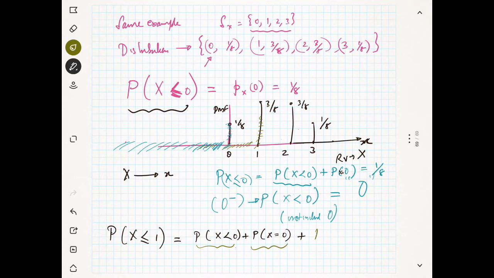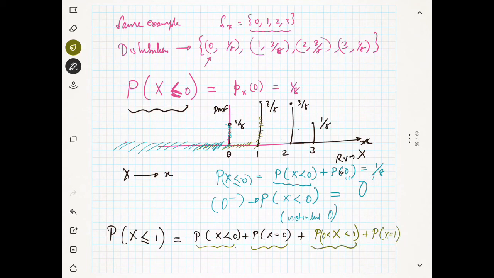Then the probability that x is less than 1 and greater than 0, that means x is between 0 and 1, and then I have to take the value x equal to 1 also, right.